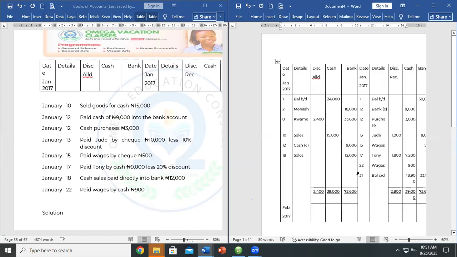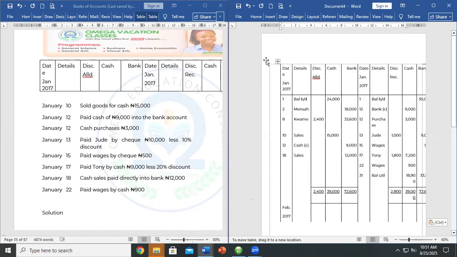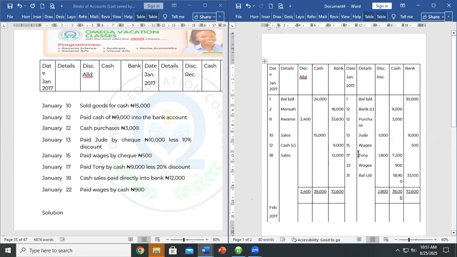Sometimes when you go portrait, it doesn't fit. You have to go landscape. And I know you would be encountering such issues, so as they come up, try and adjust. Okay, but I think you can see now.